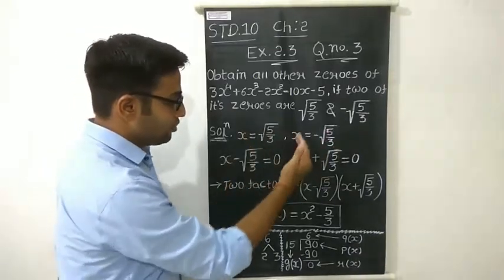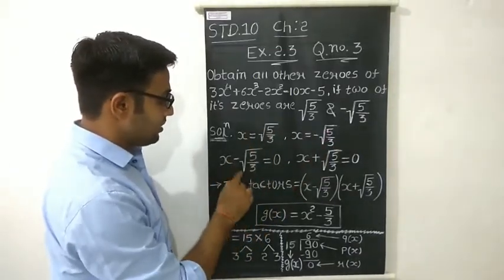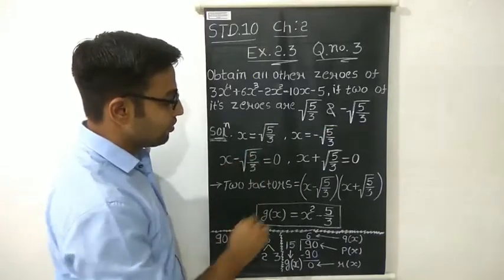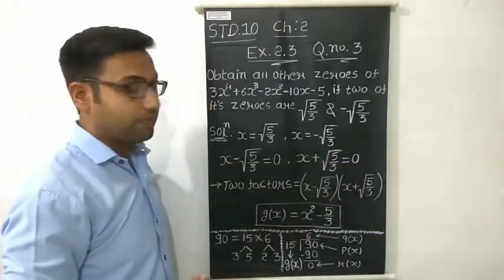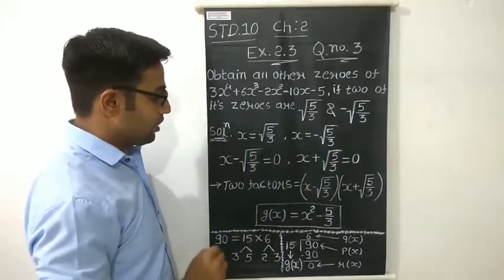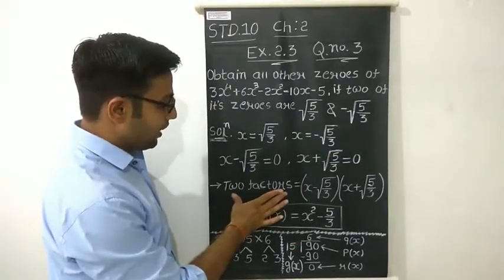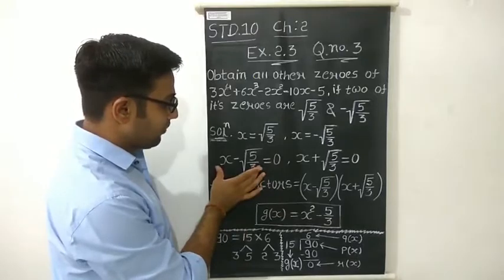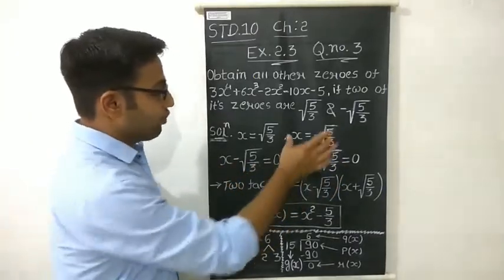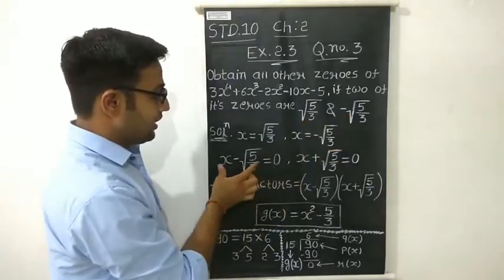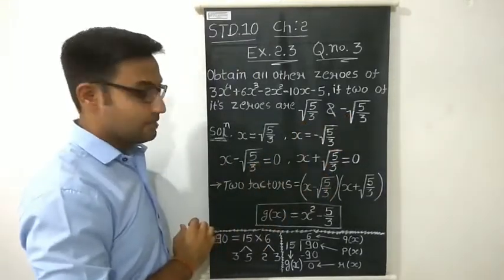By taking this to the left hand side, we get x minus root 5 upon 3 equals 0 and x plus root 5 upon 3 equals 0. Now this becomes a factor and this also becomes a factor. So from zeros we get two factors.